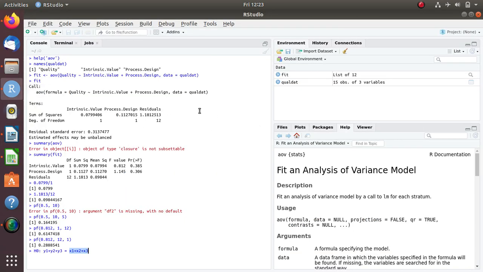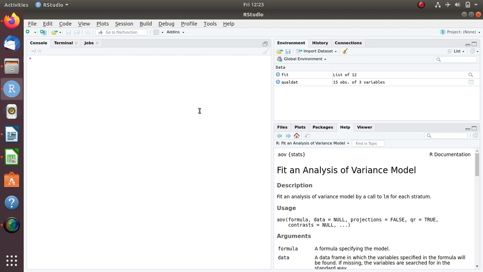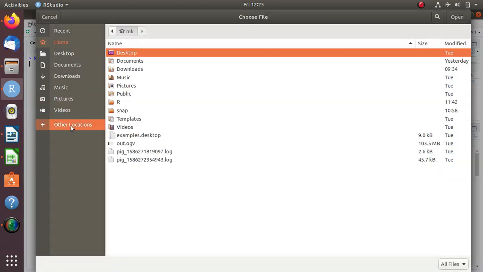That is all the introduction. Let me clear the screen, Control L. Now we need to take the data inside, behavioral data, with read CSV and the file chooser. Okay, now press enter, and this should start the file window.